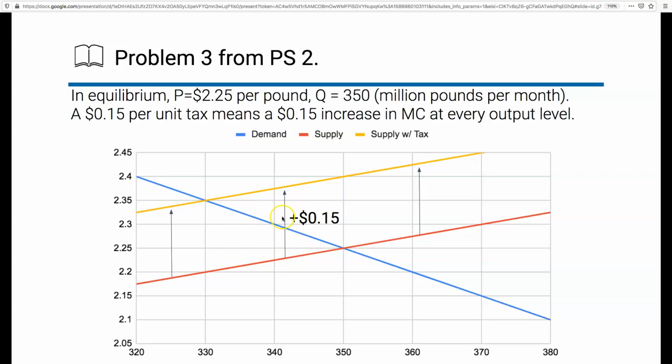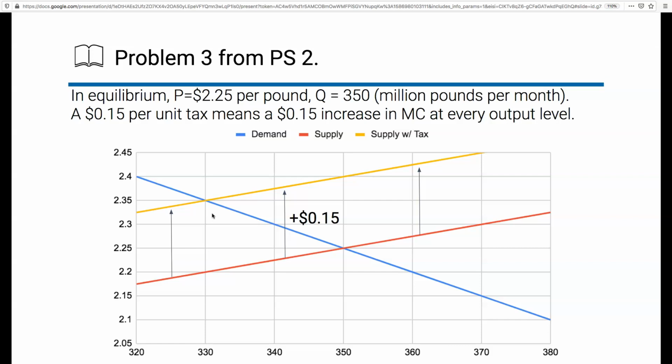For a given supply, the price has to go up by 15 cents. For any supply, the price has to go up by the amount of the tax. That is the interpretation of per unit tax in this story. So think about that: marginal cost of production increased exactly by the amount that is collected by the government.